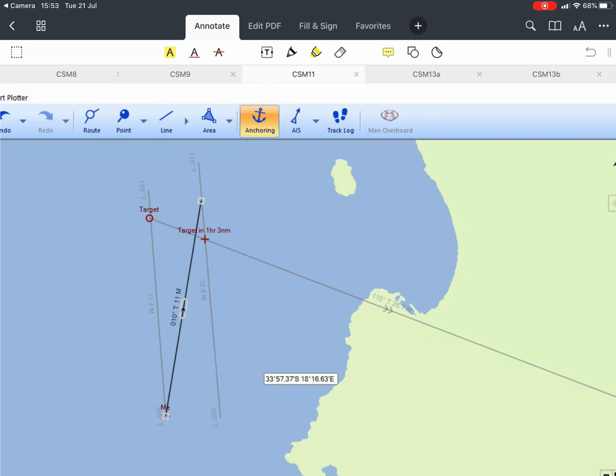In 1 hour, he is going to be at his dead reckoning. So there's our dead reckoning. In 1 hour, he'll be 3 miles down that line. We take a bearing between ourselves and our target at the start. We carry that line over, transfer it over here.